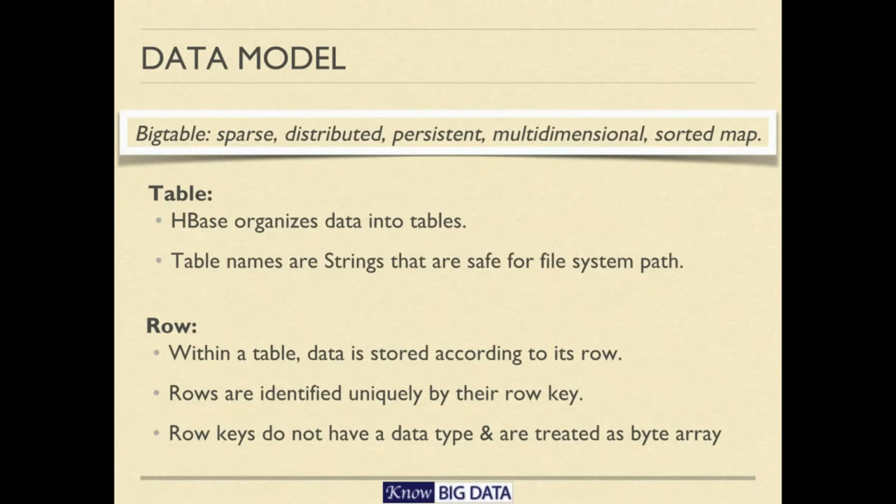Now your question would be that if the key can be a string, then how do you order it? It's very simple. The data is basically converted into binary, and binary data can be ordered based on 0s and 1s. Now it is persistent, meaning it's not only in memory but it is kept on the disk.